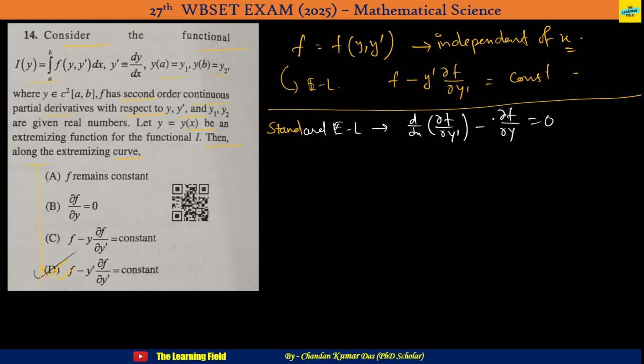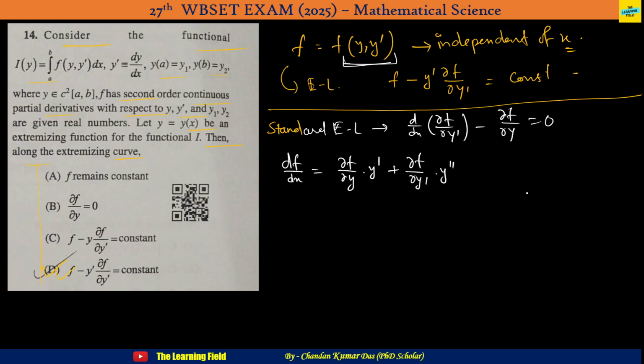Now f is a function of y and y dash. Therefore, if we differentiate f with respect to x, then df/dx equals ∂f/∂y times y dash plus ∂f/∂y' times y double dash.